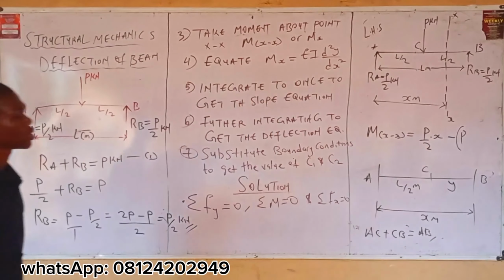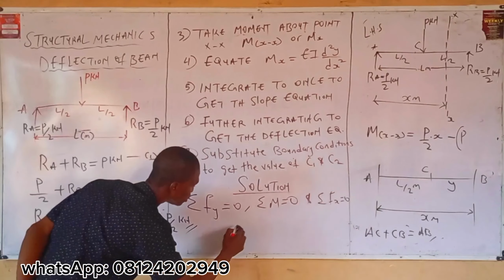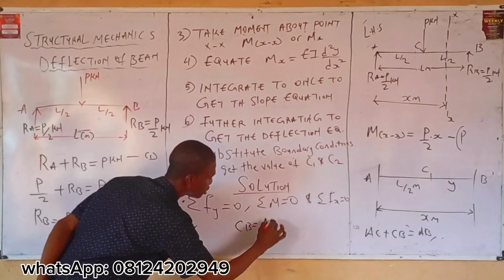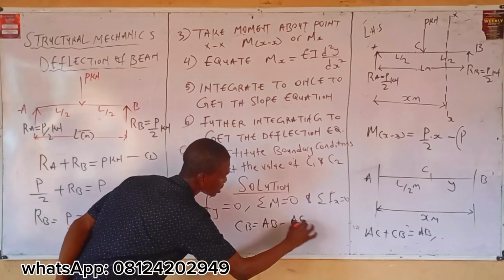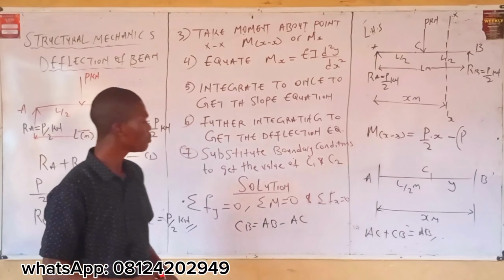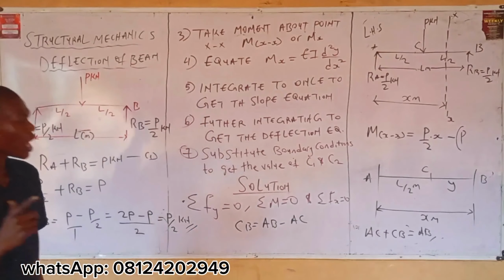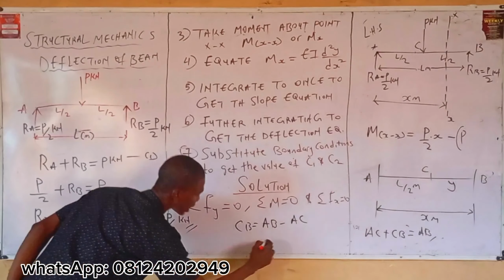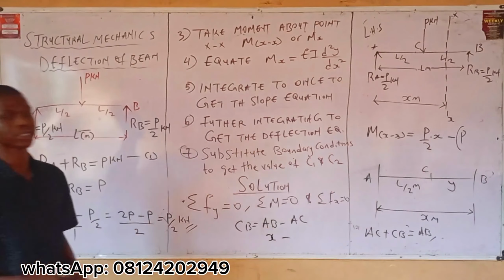What does it mean? It means that CB is equal to what? AB minus AC. And what's your AB? X. This is AB, the total length X. Meaning that X minus what's AC?